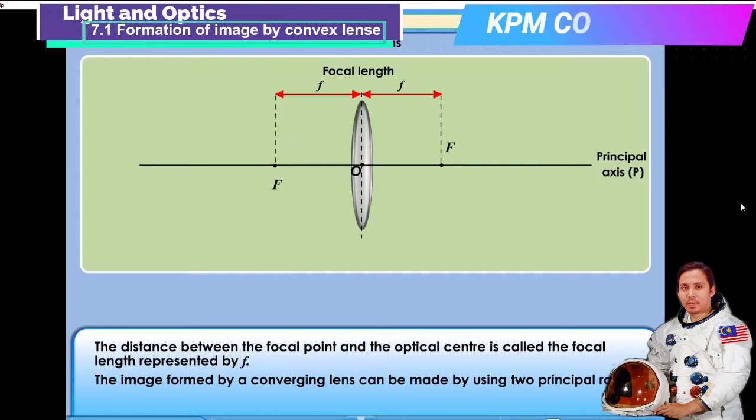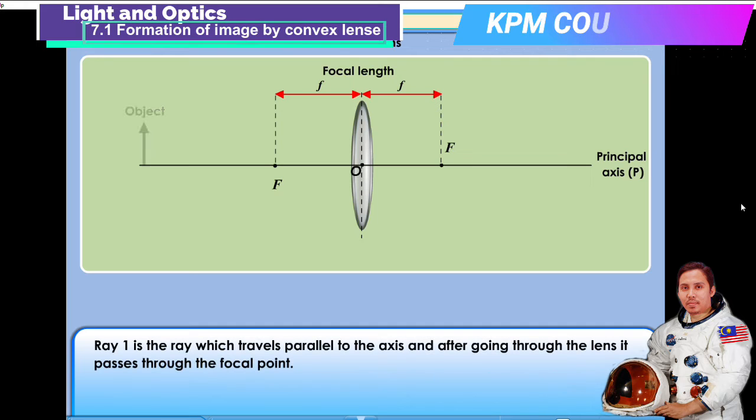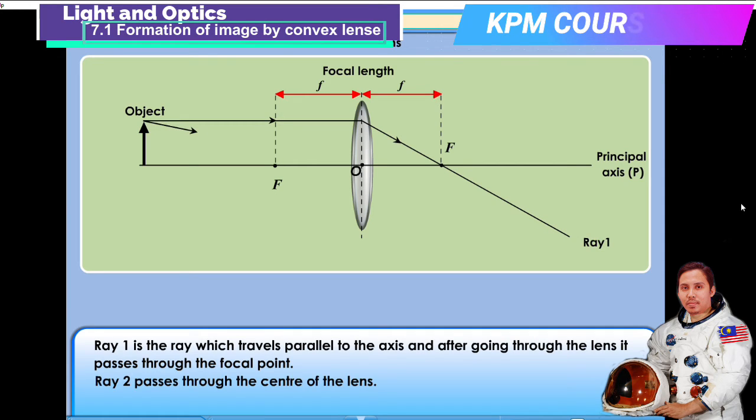The image formed by a converging lens can be made by using two principal rays. Ray 1 is the ray which travels parallel to the axis, and after going through the lens, it passes through the focal point. Ray 2 passes through the center of the lens.